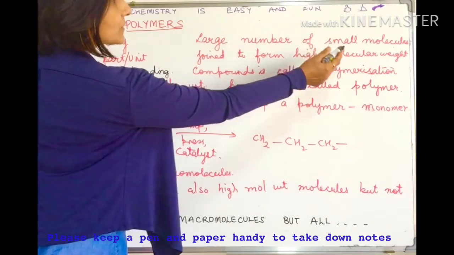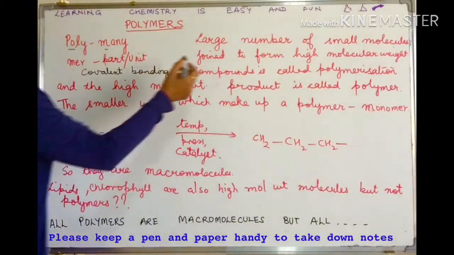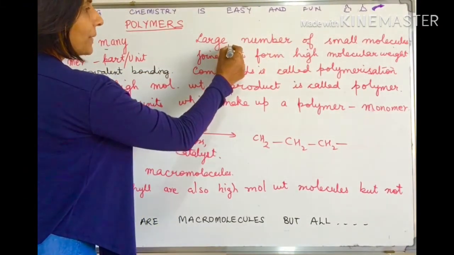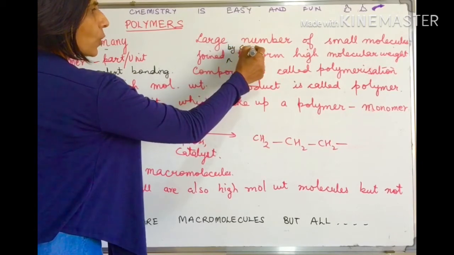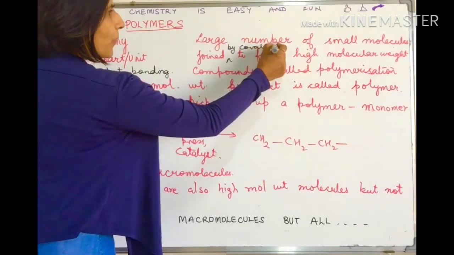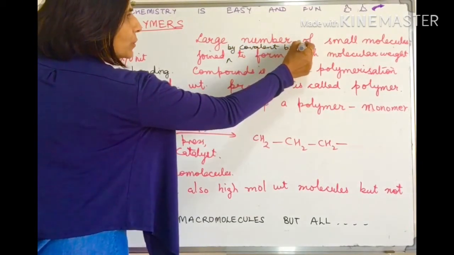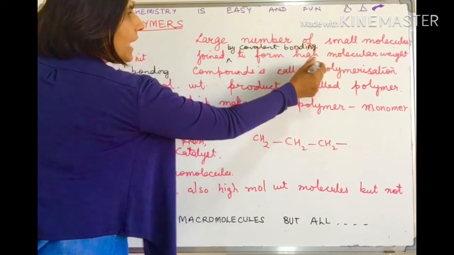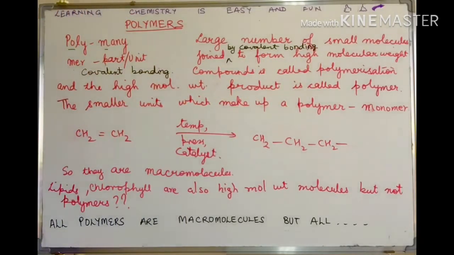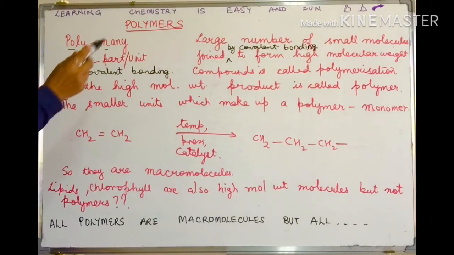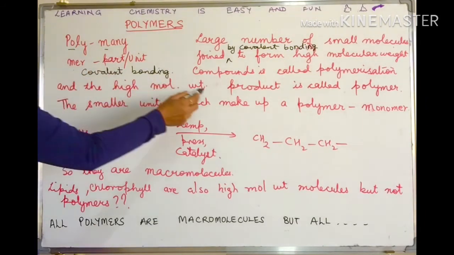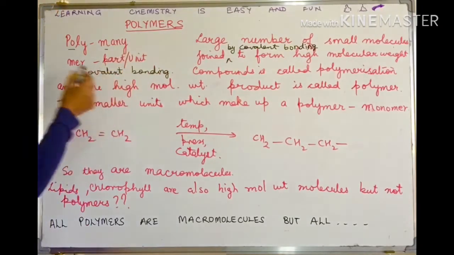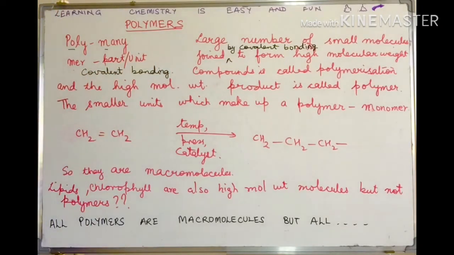Large number of small molecules joined by covalent bonding to form high molecular weight compounds is called polymerization, and the high molecular weight product that is formed is called a polymer.